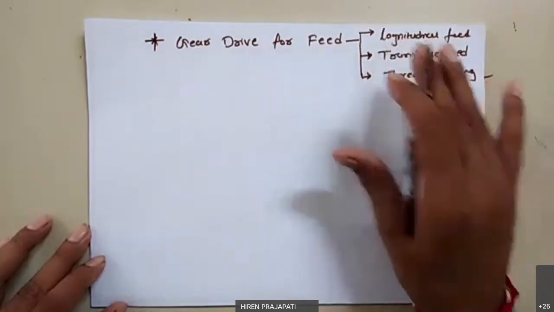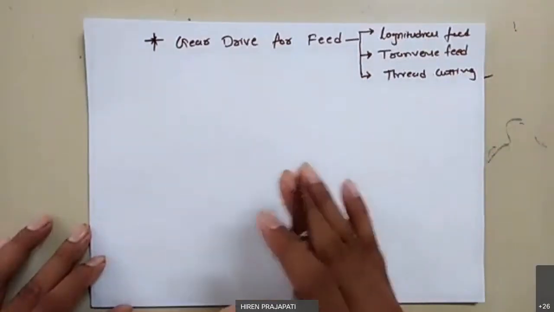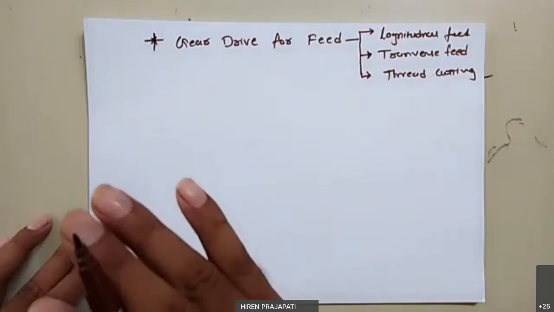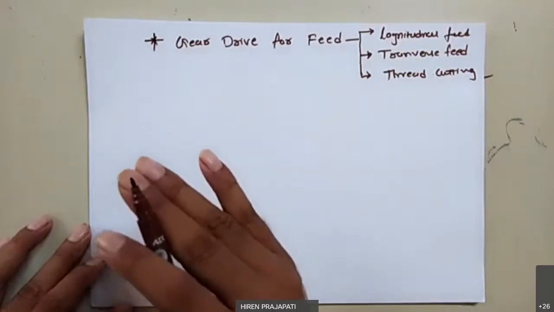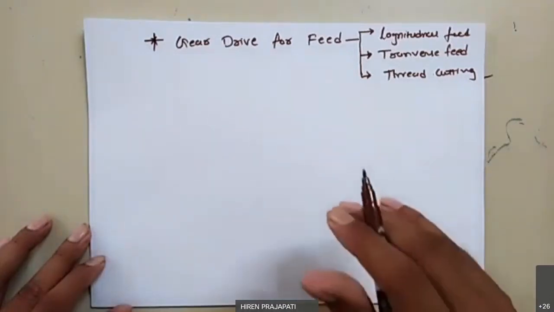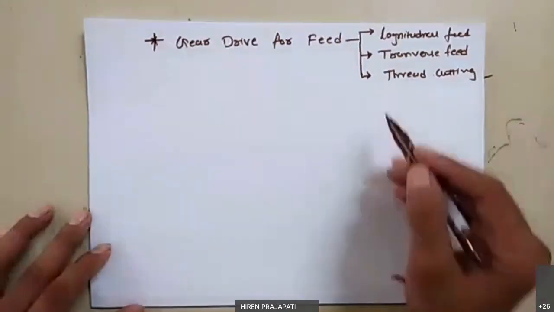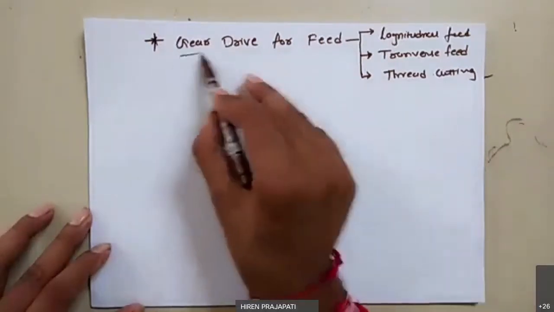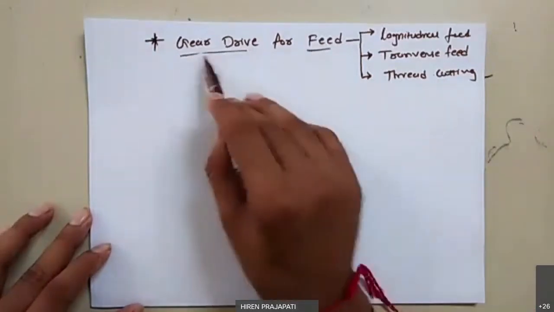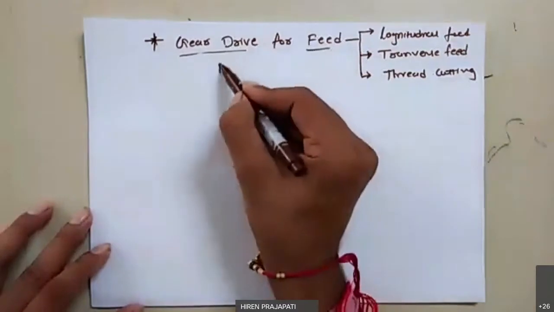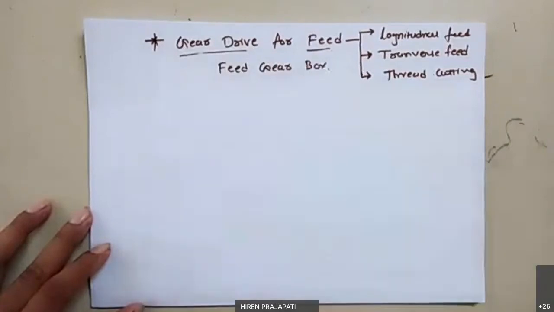So whether we want longitudinal feed, transverse power feed or automatic thread cutting, then we need to engage that spindle of machine or the motor RPM with the carriage drive, right? So for that again we use some gearbox, which is similar to the gearbox which we discussed so far. But this gearbox for feed motion is called as a feed box, feed gearbox.